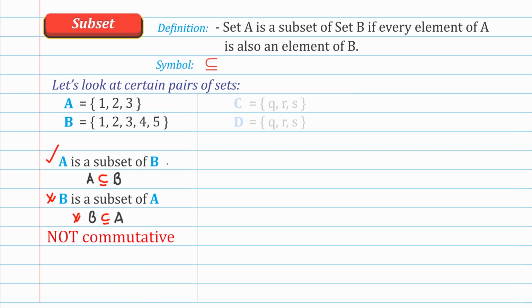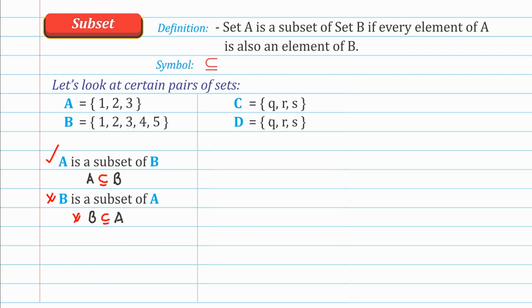Now, let's look at the next pair. For example, we have set C with elements Q, R, S, and set D with elements Q, R, S as well. Looking at the definition, will one be a subset of the other? Check every element.